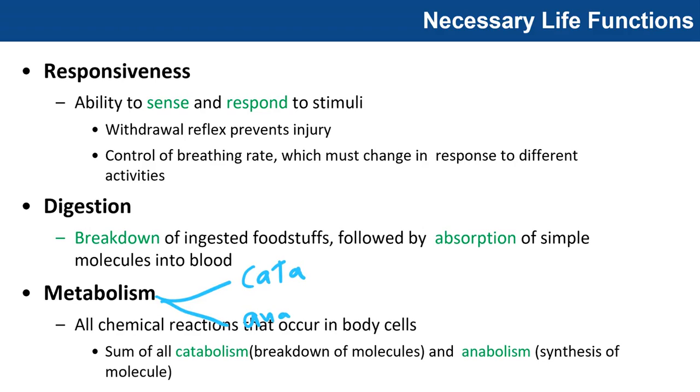Catabolism means breaking down complex substances into simpler building blocks, as in digestion. And anabolism is making larger structures from smaller ones, which is the synthesis of molecules. For example, synthesis of larger molecules like proteins is called anabolism, and breaking down of molecules, like breaking down of proteins into amino acids, is called catabolism.